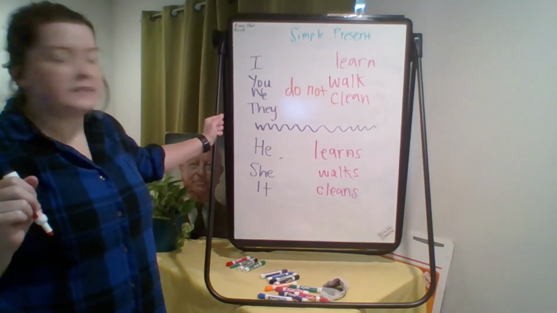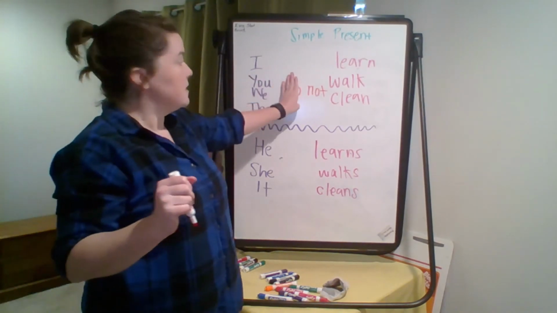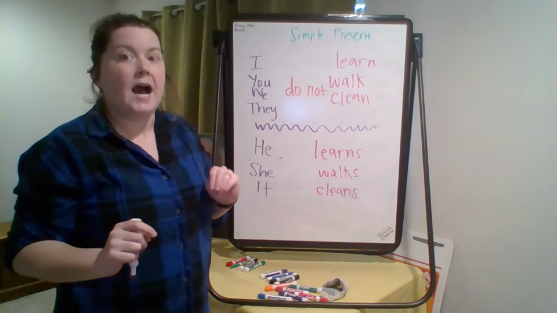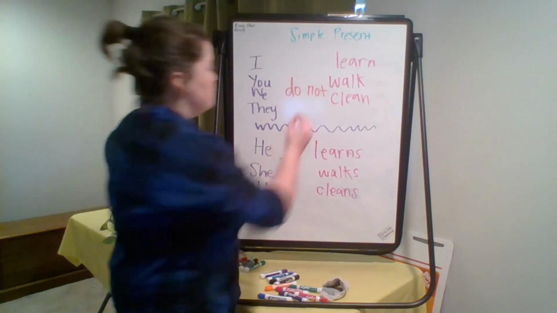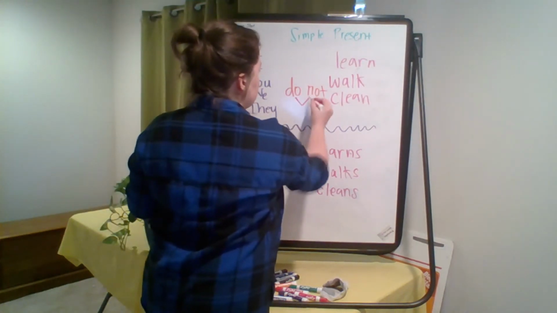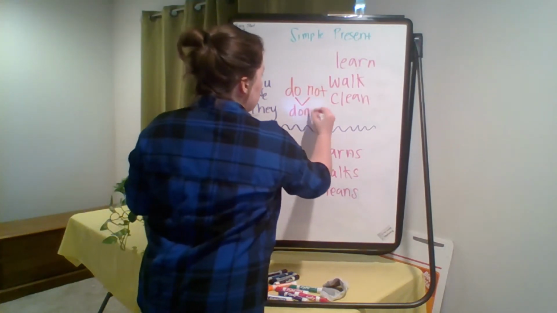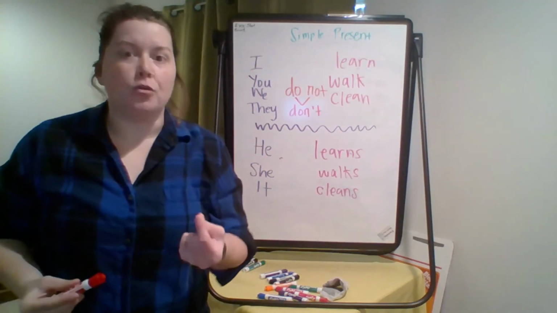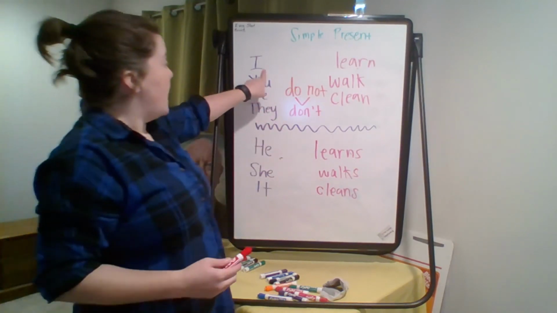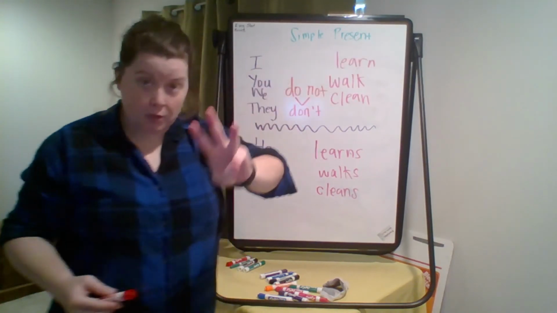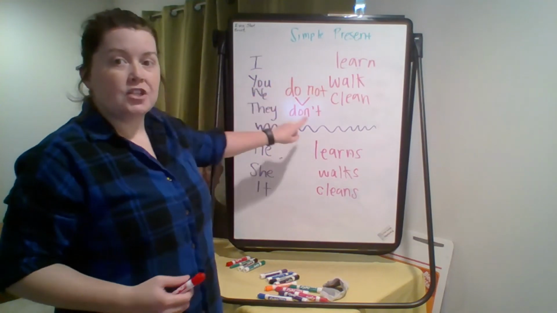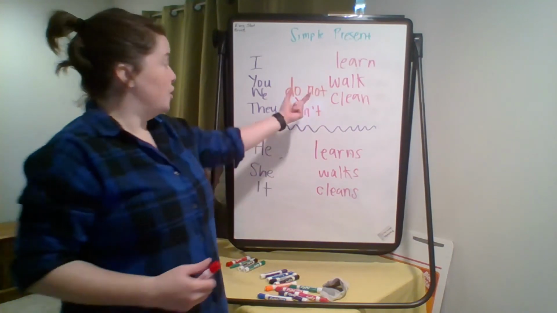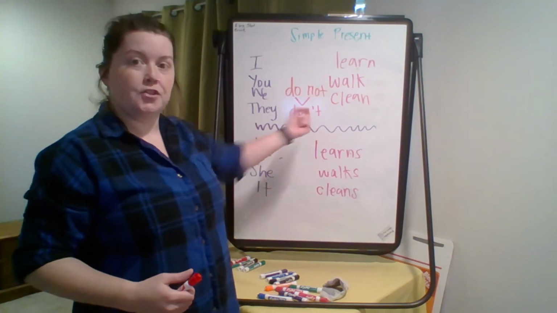So we do not say in English, I not learn. No, that's not correct. Okay? You have to use do. I do not learn. You can say, if you want, the contraction. The contraction is don't. So you can say, I do not learn. That's 3 words. Or I don't learn. Then it's only 2 words. Okay? So don't is the contraction for do not.